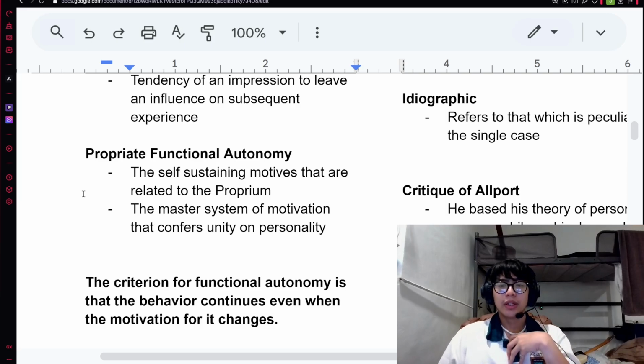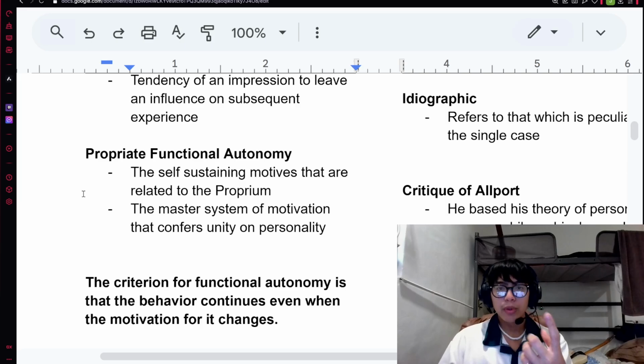Now in the future, he becomes wealthy, wealthy enough to be financially stable. He doesn't really have to worry about money, but he is still a miser. He is still a kind of hoarder. He still doesn't let go of things. And that's basically what appropriate functional autonomy is, because the behavior didn't change, yet the circumstances did.